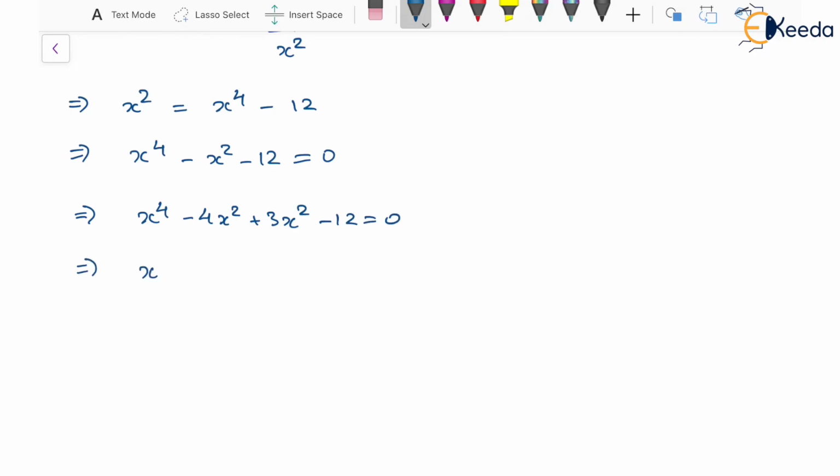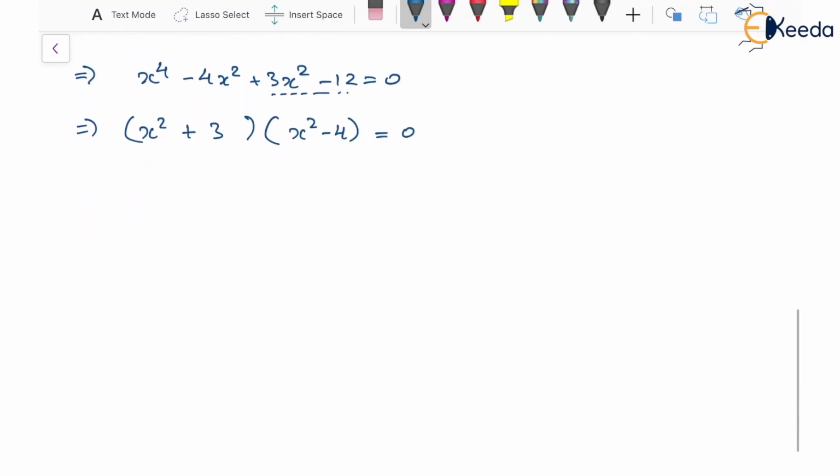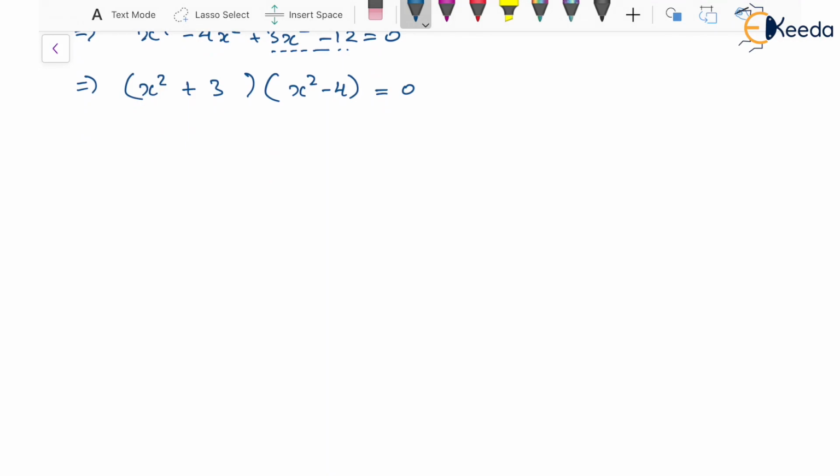Taking x square common from the first two terms, we'll have x square minus 4, and from the second two terms we'll have plus 3 times x square minus 4. Now for this equation we'll have two cases. The first one comes from this one and the second comes from this one.